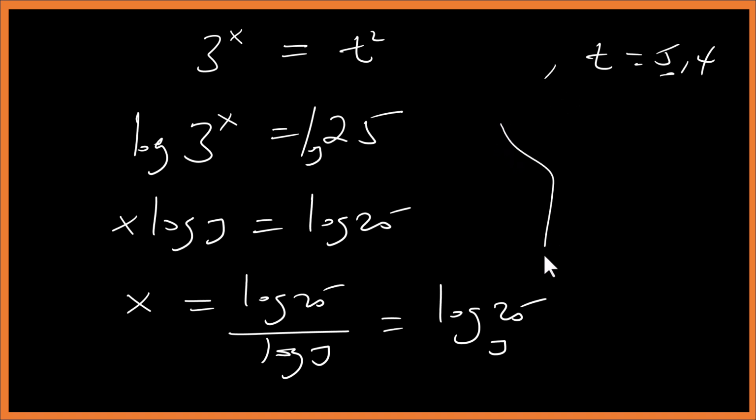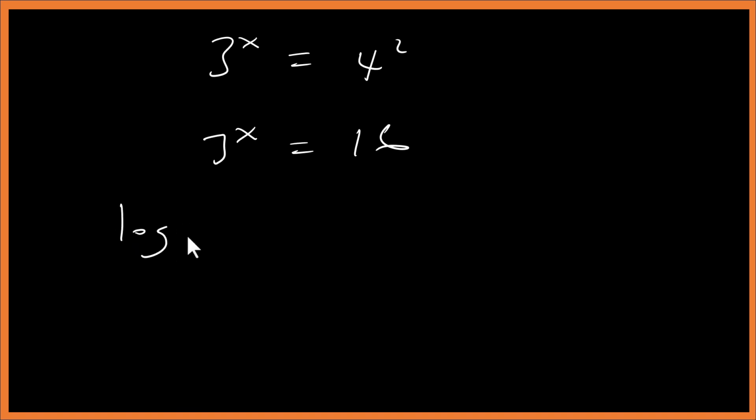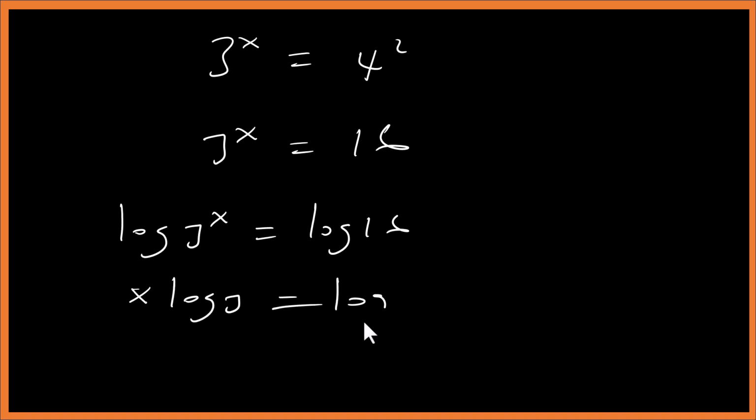Now let's do the same for when t is equal to 4. So 4 squared is 16. Taking log, log of 3 to the power x equals log 16. So we have x log 3 equals log 16, so x equals log 16 on log 3.